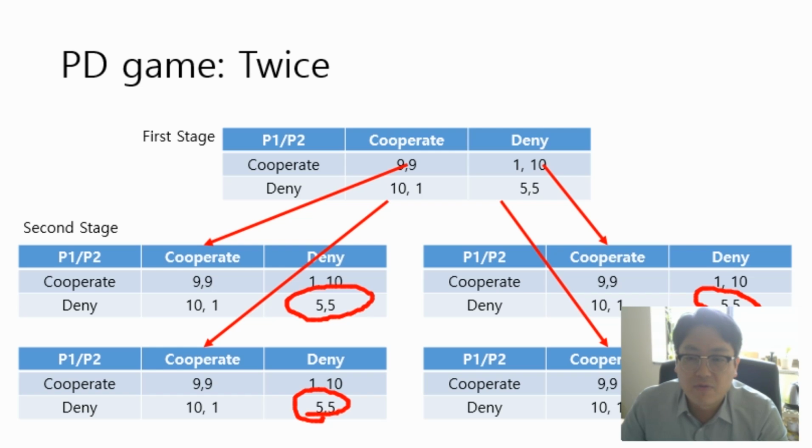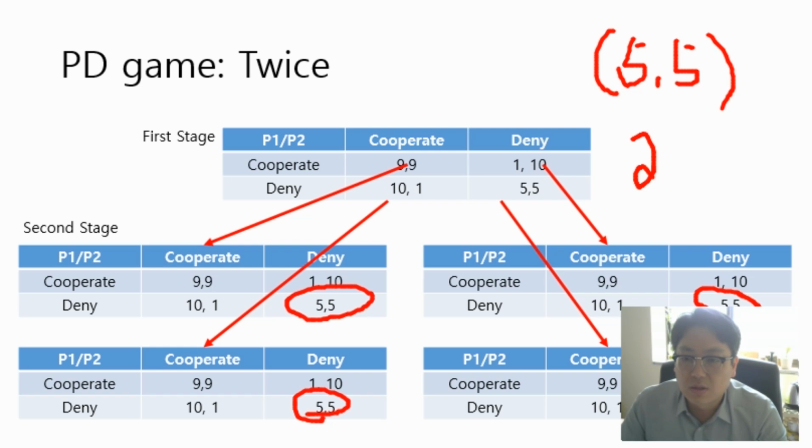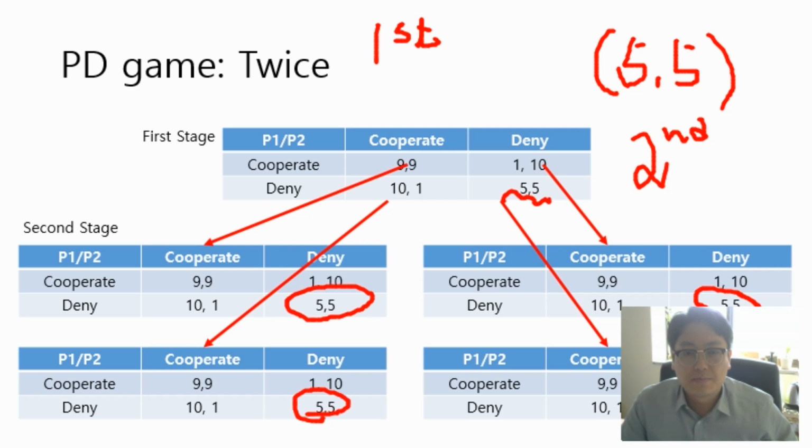So 5 and 5 and 5 and 5. This is the outcome they will get no matter what kind of thing happens in the first stage. This is the second stage. So no matter what happens in the first stage, they will get 5 and 5. Okay?